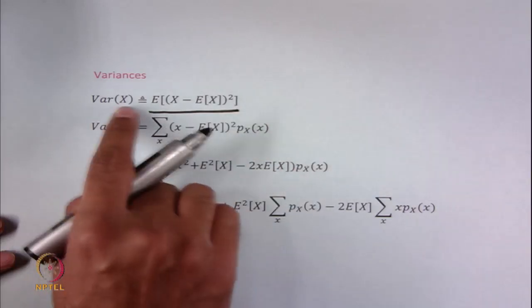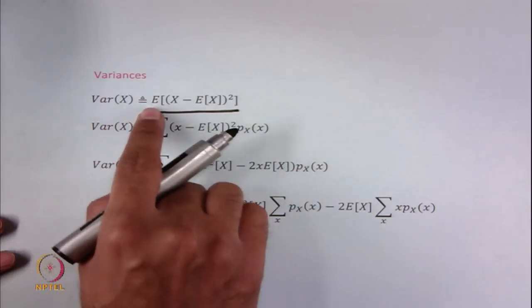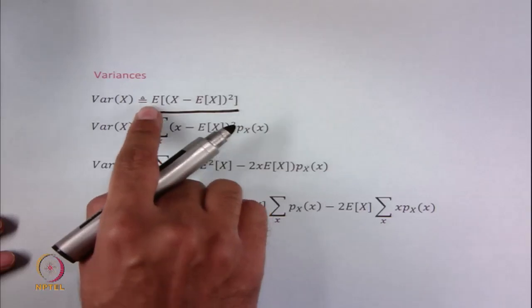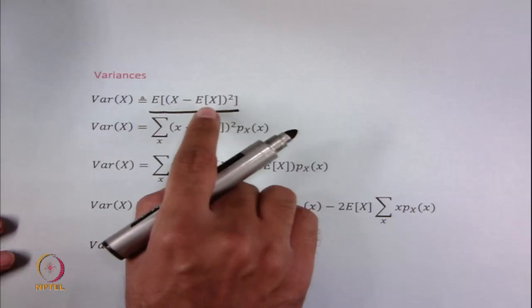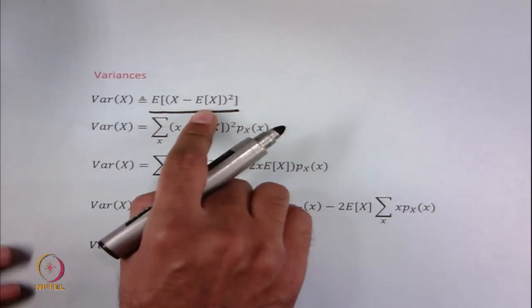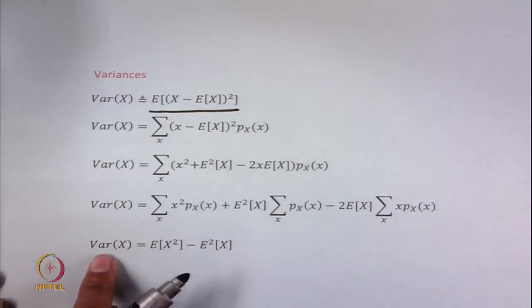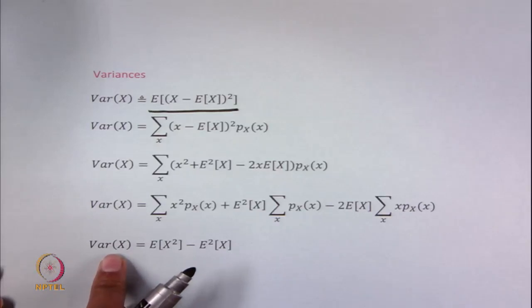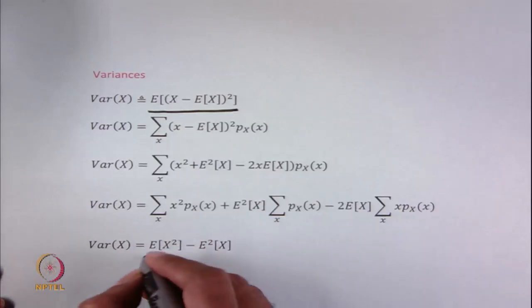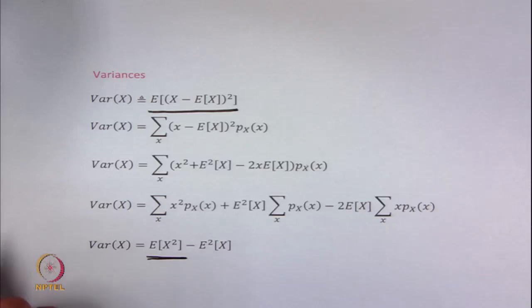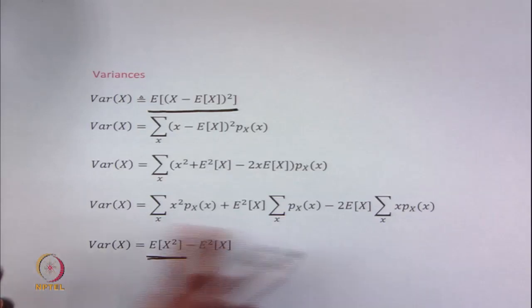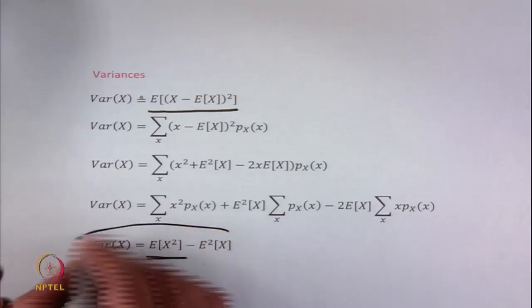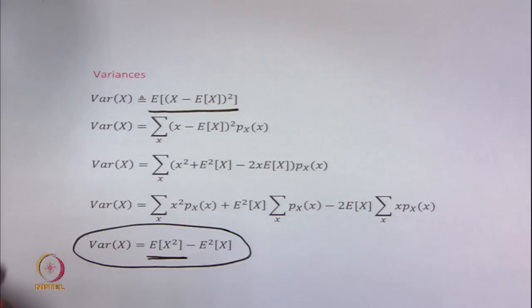So, variance of a random variable is nothing but the expectation of square distances of the random variable, where the distance we measure from mean. And we also said that variance of a random variable is nothing but the second moment of a random variable minus the square of the first moment of a random variable. So, this is the interpretation of variance of a random variable that we developed.